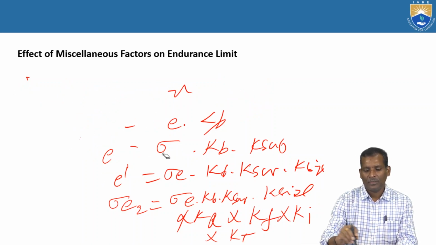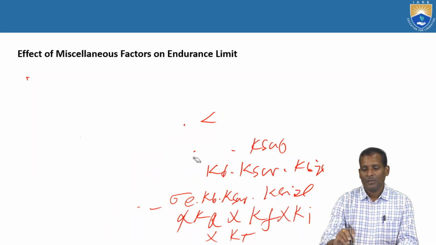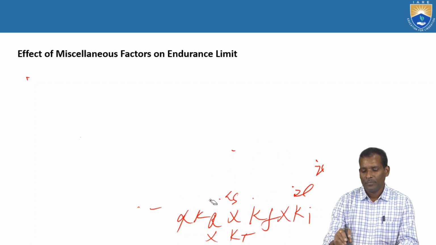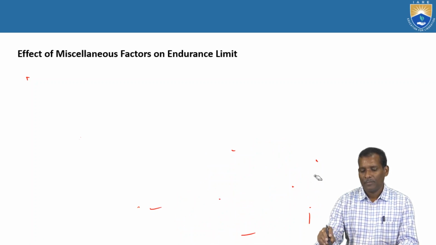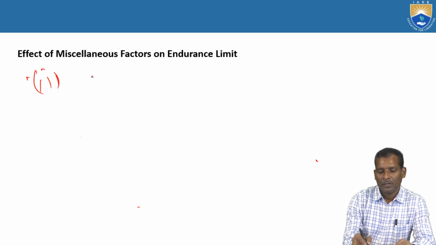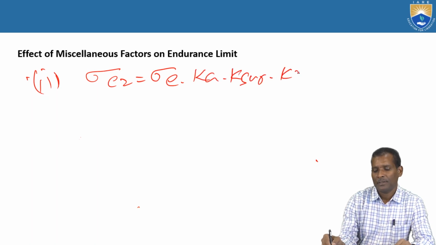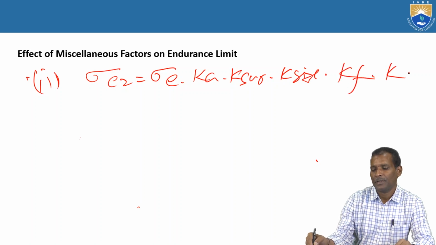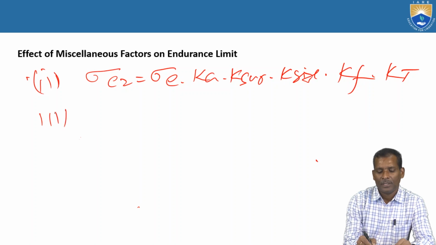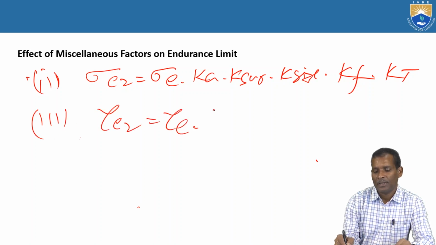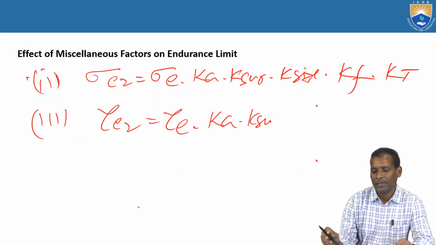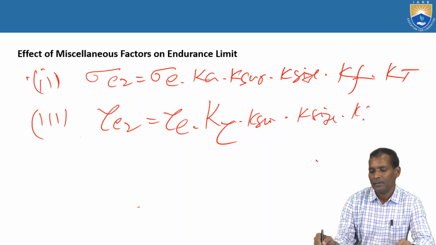Similarly, for axial loads, the second one, sigma E2 is equal to sigma E, Ka, K surface, K size factor multiplied with Kf or Kt, etc. Similarly, for shear loads, the shear endurance limit, K shear factor, where K shear is the correction factor, K surface, K size and Kf into Kt.